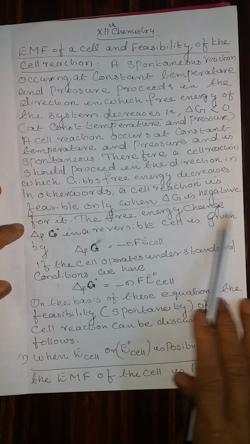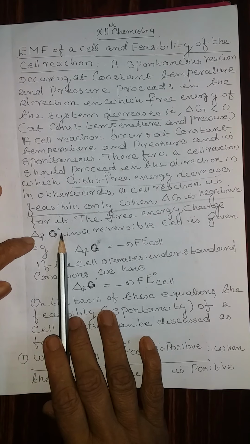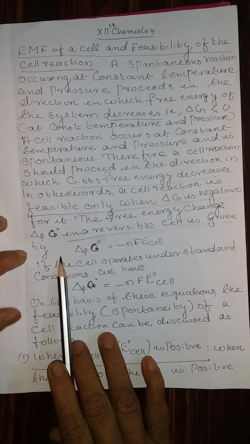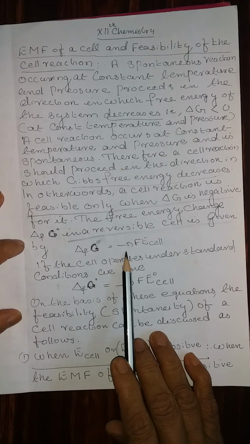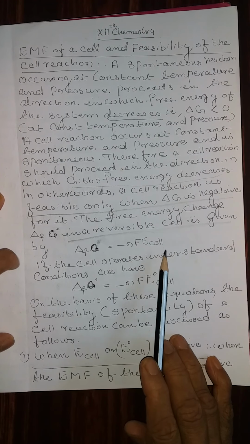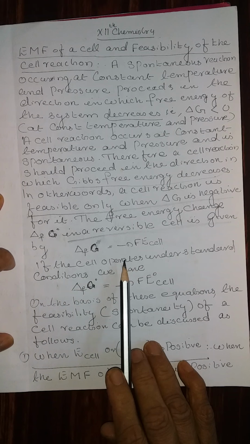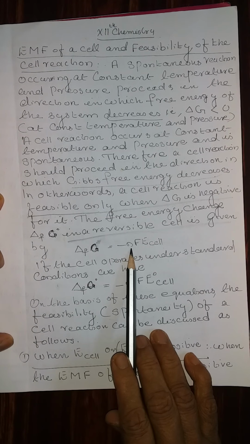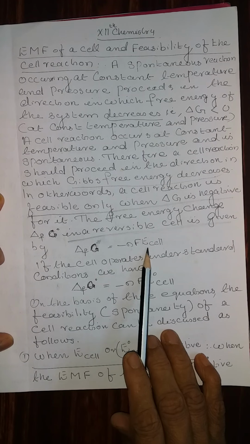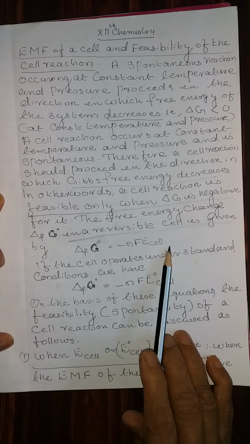The free energy change delta G in a reversible cell is given by delta G is equal to minus nFE of the cell, where n is the number of moles of electrons, F is the Faraday, and E is the EMF of the cell.